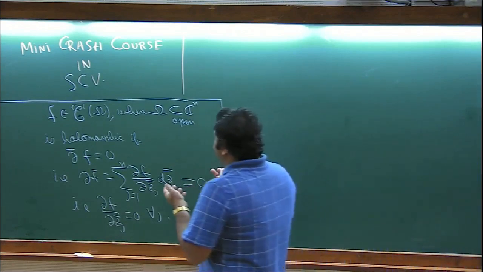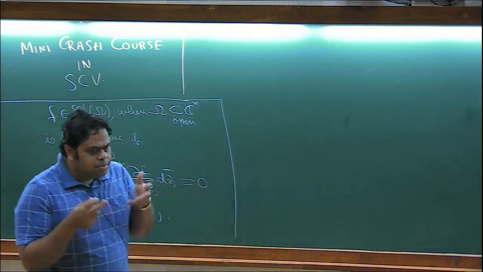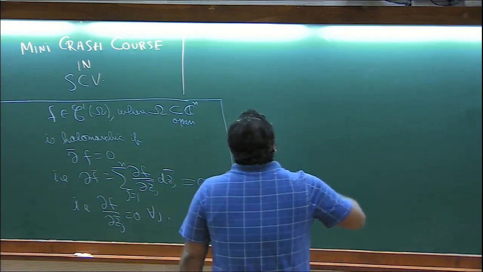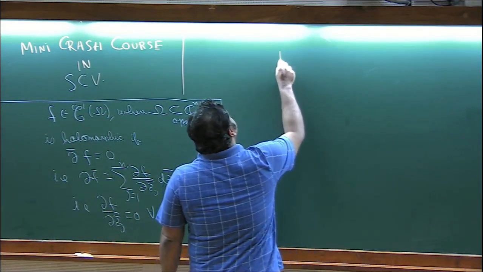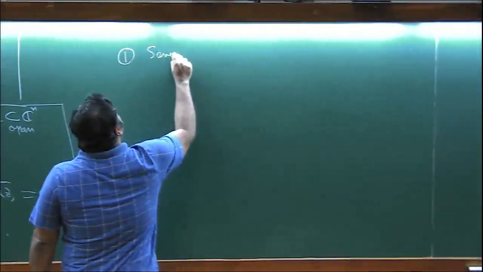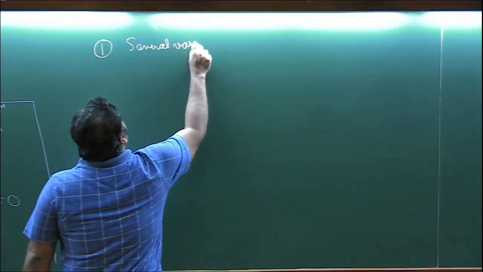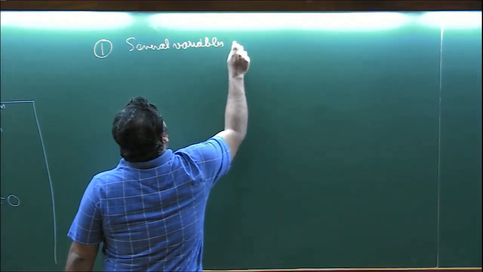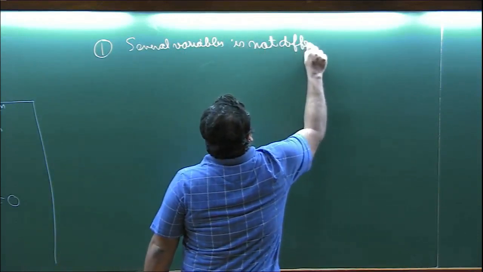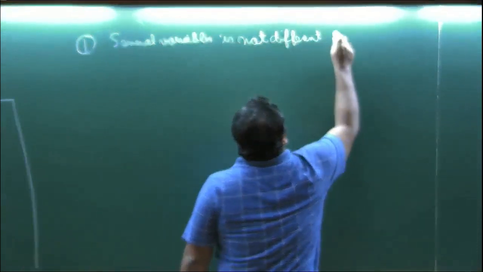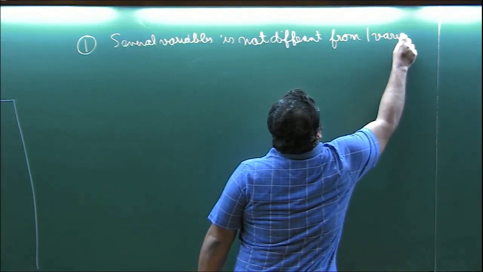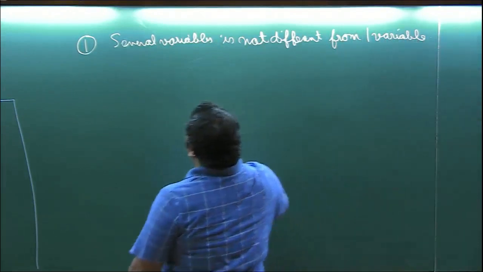Let us compare the properties of functions of one variable with those of several variables. Basically, three things can happen. If you look at a property, the first thing is that several variables is not different in some respect from one variable. I'll give examples of each of these phenomena.